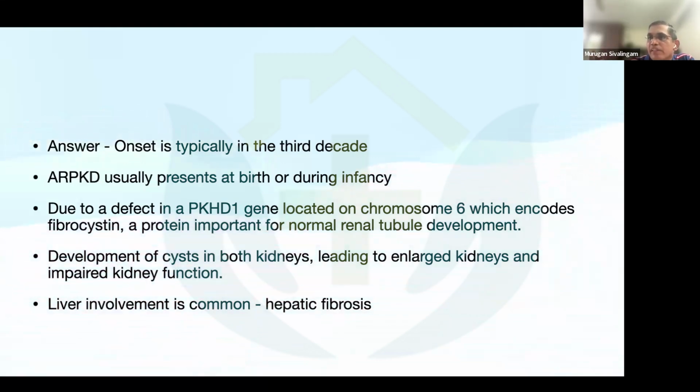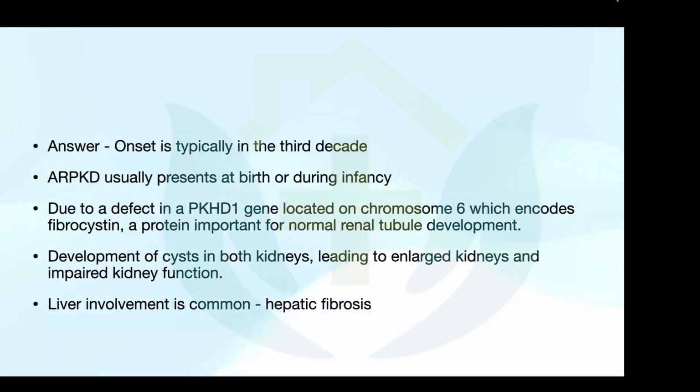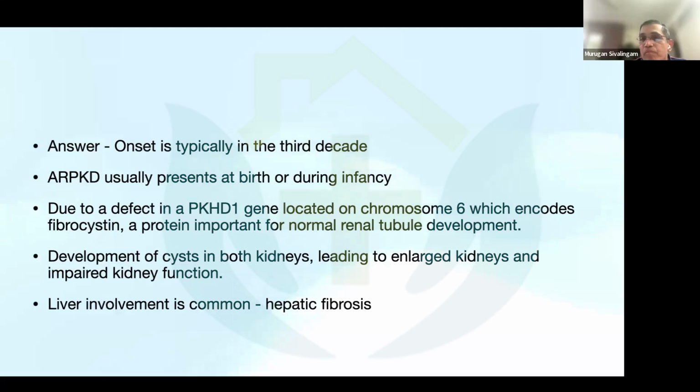If you have a young person with a suspicion of liver disease and you find cysts in the kidney, this is one of the differentials you have to think of: autosomal recessive polycystic kidney disease with hepatic fibrosis. Whereas in adult polycystic kidney disease, you don't get hepatic fibrosis. You only get cysts in the liver, pancreas, and other places. Okay? Got it? Any questions on this one?